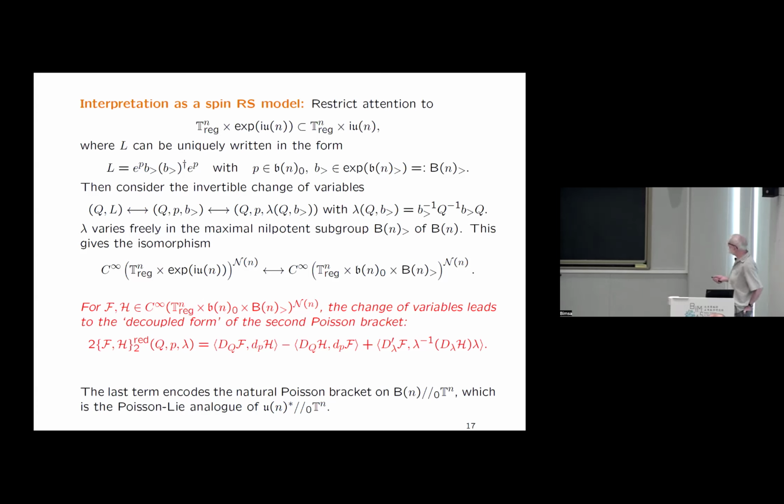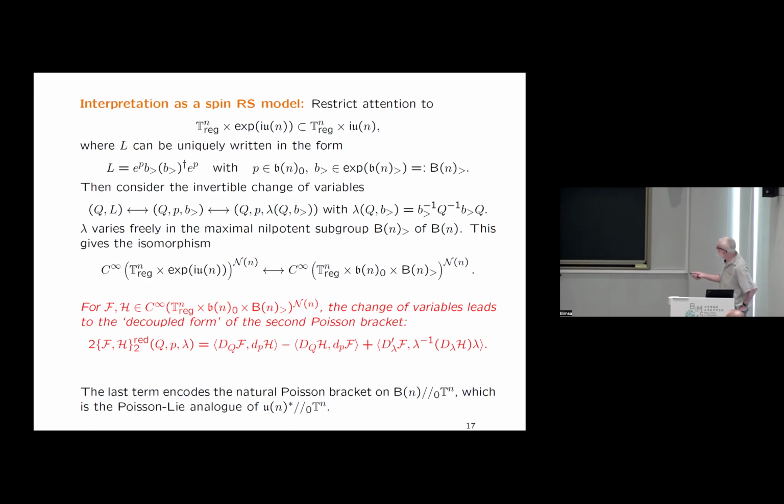A positive definite Hermitian matrix can be parameterized like that: B is upper triangular with ones along the diagonal, and P is a real diagonal matrix. So you write a positive definite matrix as B P B dagger, an upper Borel matrix and the adjoint of a Borel matrix.